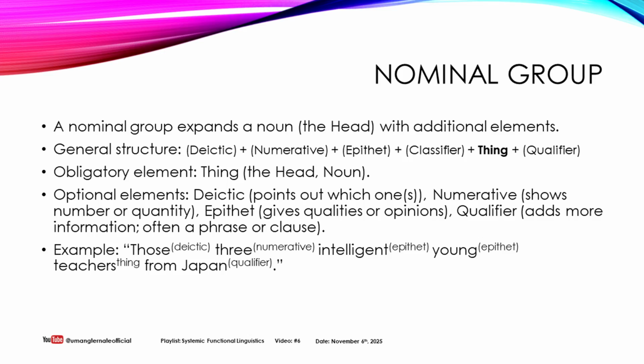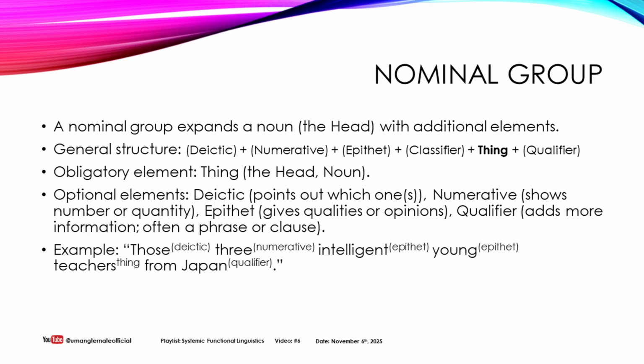Umang mentions a classifier as an optional element of a nominal group, but he does not say anything about it, so I will briefly explain it to you. So a classifier specifies the kind or type of the thing, okay? For example, in the nominal group language teacher, the word language specifies the kind of teacher. All of these elements come before the thing, and the order is just like that.